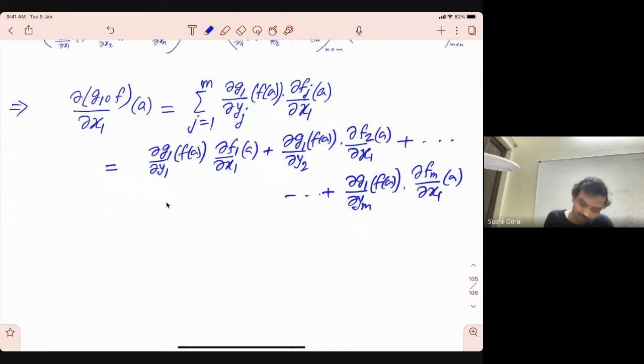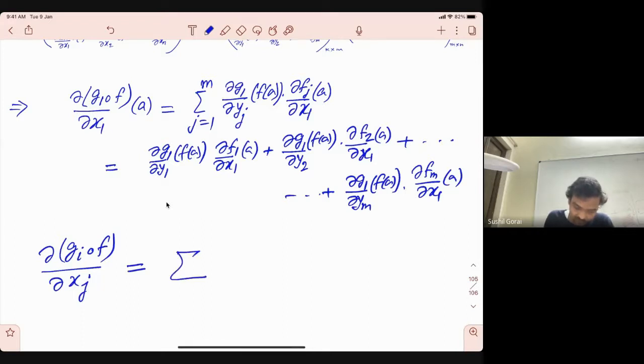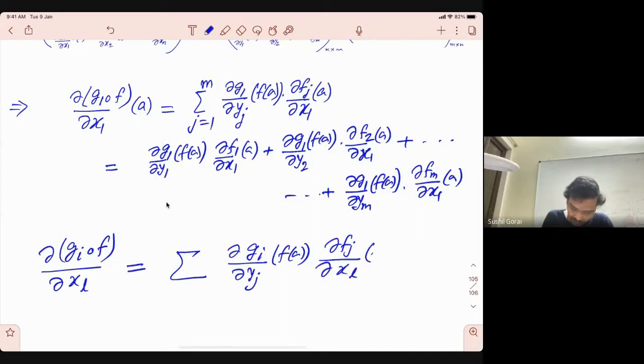Right, so a general term, del gi compose f by del xl, would be the summation, let's say with a different index j, of del gi by del yj at f of a times del fj by del xl at a.